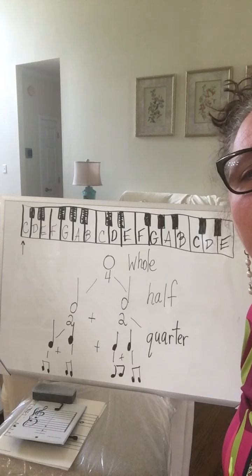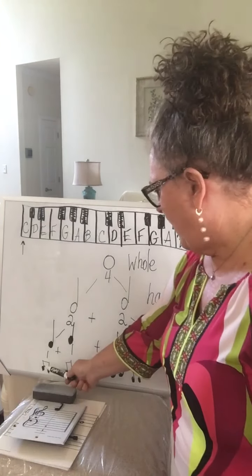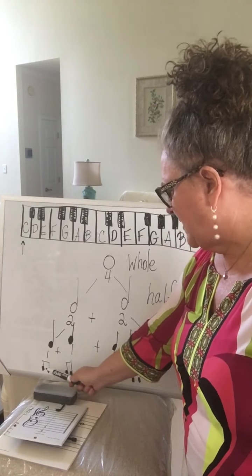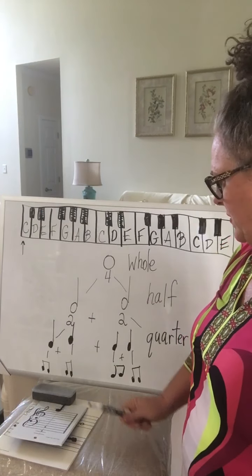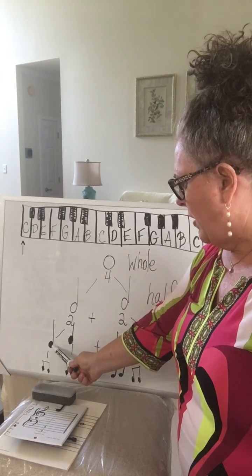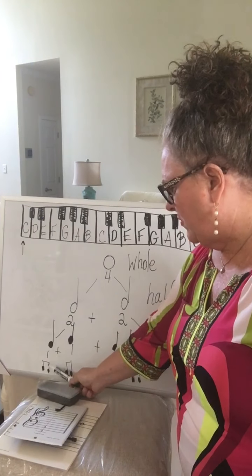Okay, so hopefully you can see that. So if I have 2 eighth notes, it's the exact same thing as a quarter note as far as timing goes. We call the quarter note ta, and we call the 2 eighth notes tt.